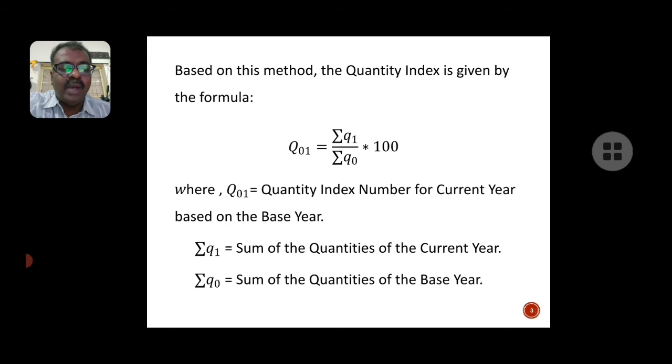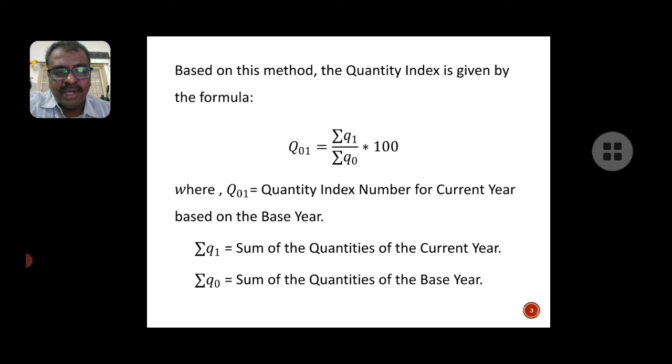So sigma Q1 is the summation of the quantities of the current year, divided by sigma Q0, the total sum of quantities of the base year, multiplied by 100. Here Q01 is the quantity index number for the current year based on the base year, sigma Q1 is the sum of the quantities of the current year, and sigma Q0 is the sum of the quantities of the base year.